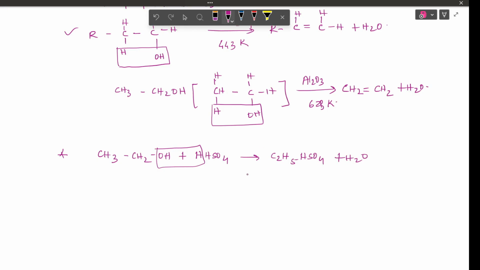Okay. This is your ethyl hydrogen sulfate, and then if you heat this C2H5 dot HSO4, it will be C2H4, and from here one H and HSO4 will go out, so it will be H2SO4.